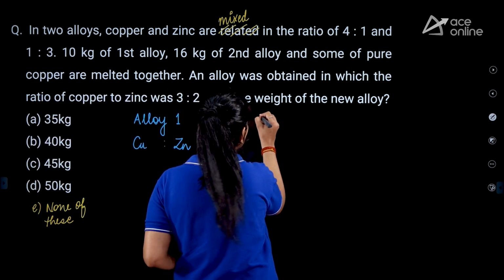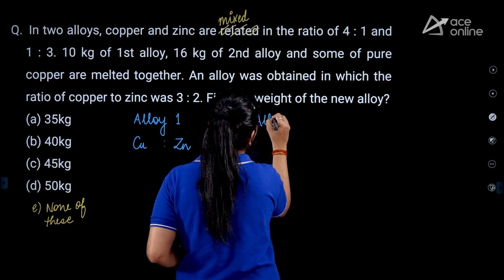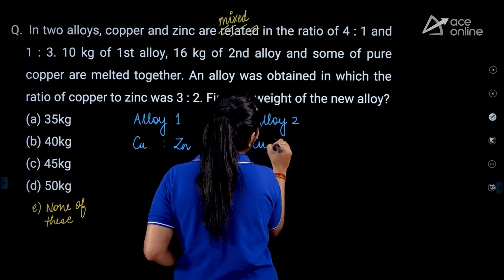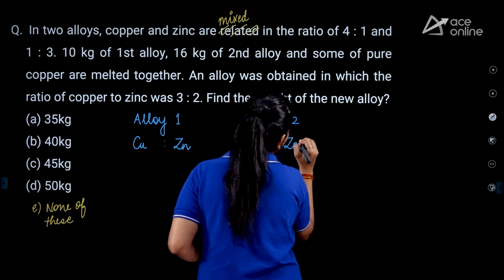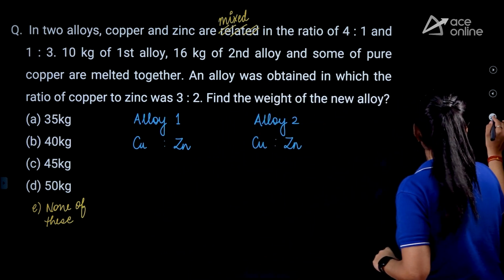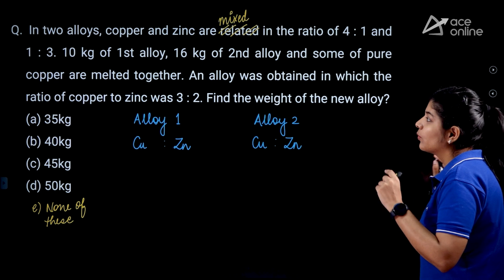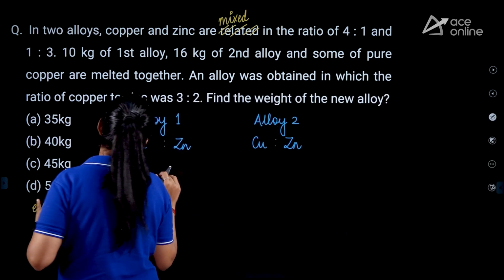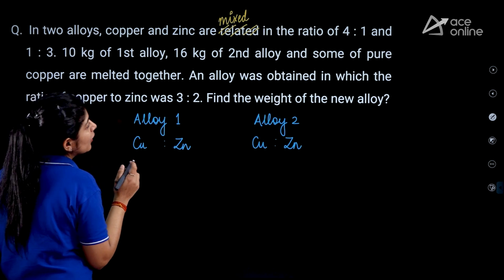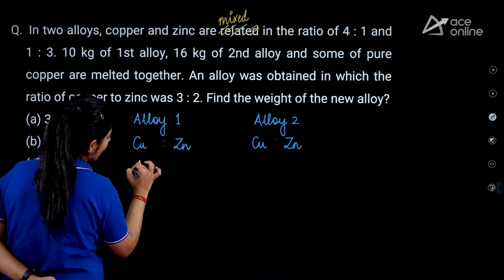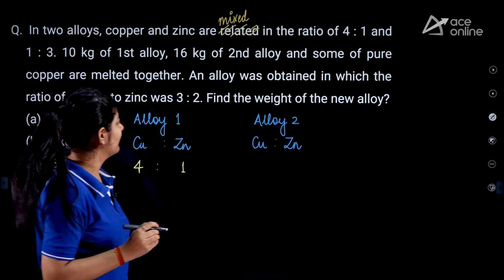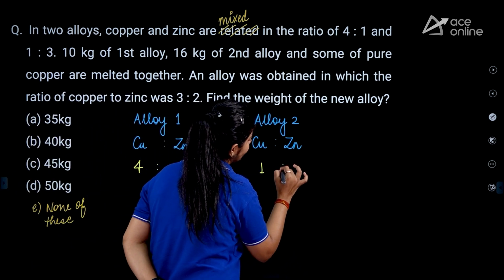Similarly, we have another alloy as well, alloy 2. In this also we are having copper and zinc, right? But the quantity present over here is completely different, and on the basis of that we have ratios. In alloy 1 we have a ratio of 4:1, and in the second one we have a ratio of 1:3.